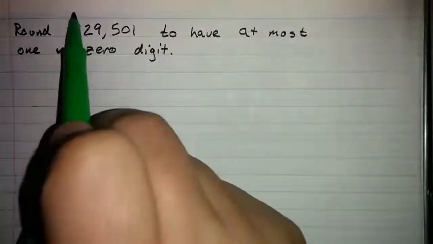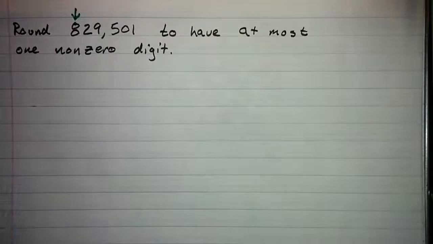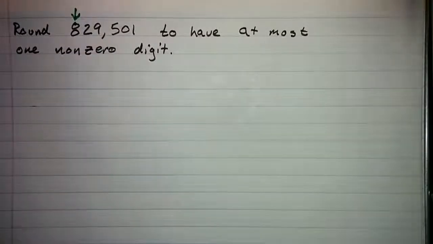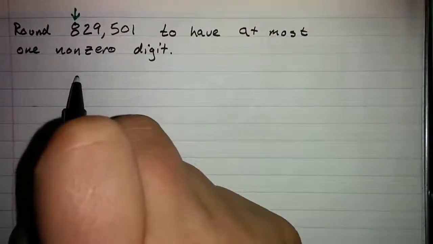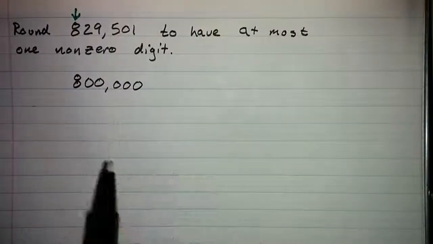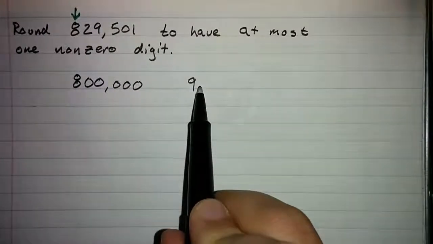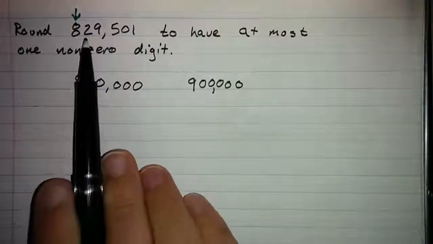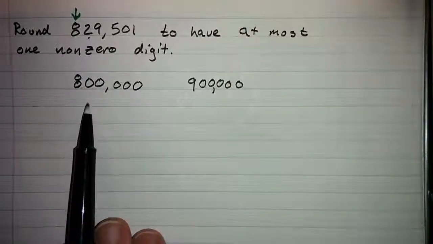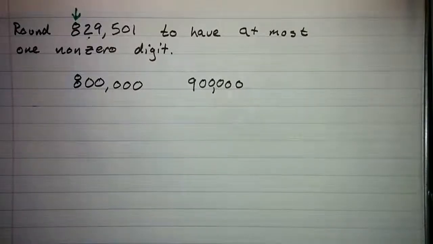So to have one non-zero digit, that means we want to round to this first place. We'll want to round to the nearest 100,000. All right. So this number is between 800,000 and 900,000. Looking at this next digit, a 2, well, that's closer to 800,000.